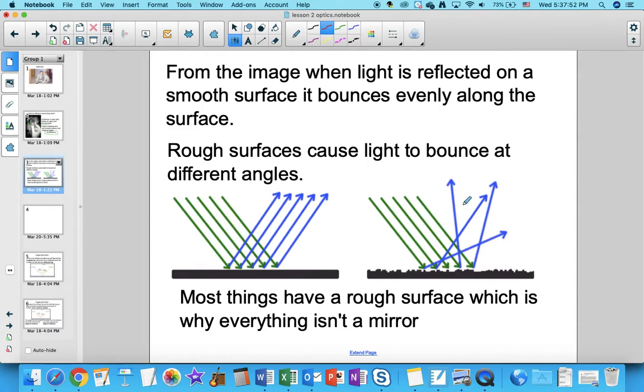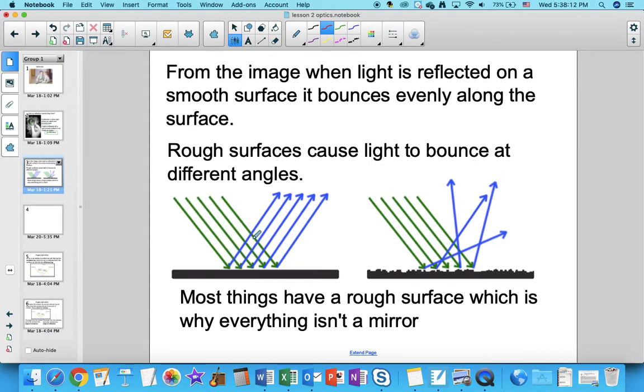But when we look at this picture, rough surfaces cause light to bounce at different angles. Even though all these green rays are hitting at the same angle, they're hitting different rough edges, and these rough edges cause the reflections to bounce in different angles.